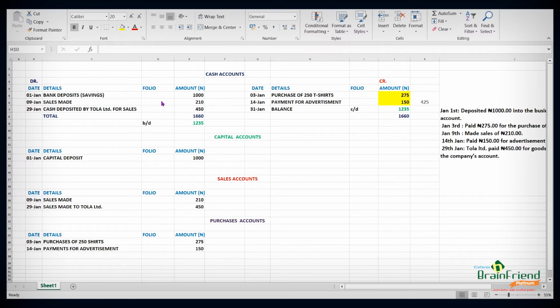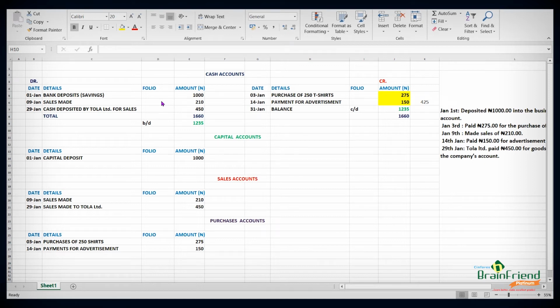And also remember that double entry means that if we input it into a general ledger, the values must also appear in other ledgers such as the cash or capital ledger, the sales ledger, and the purchases ledger.